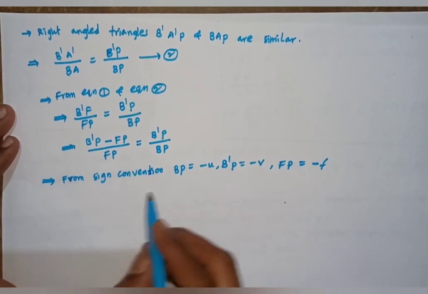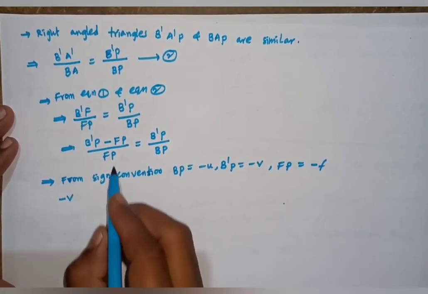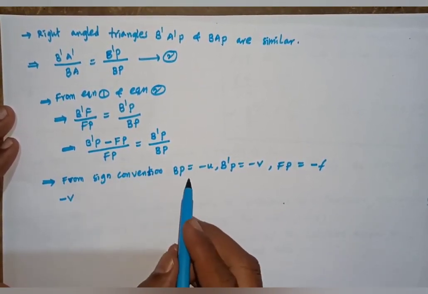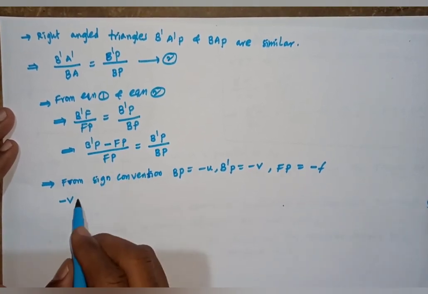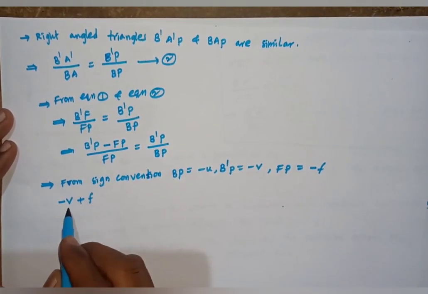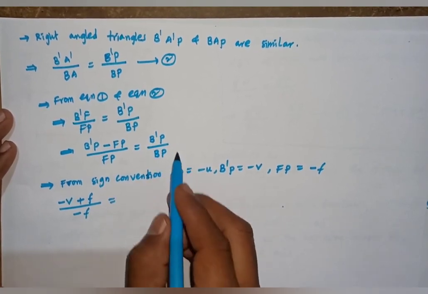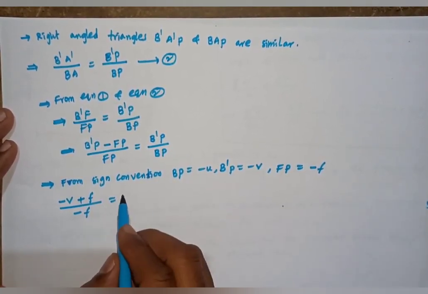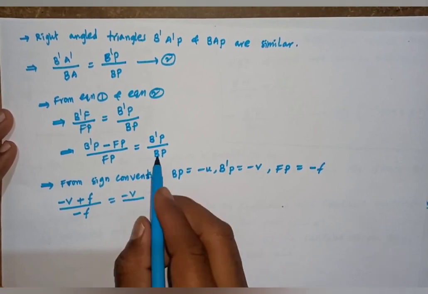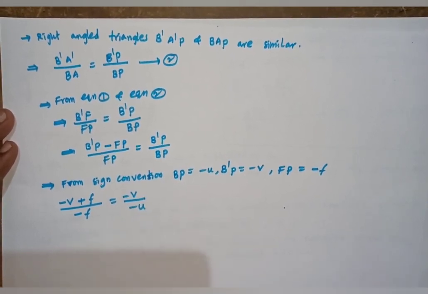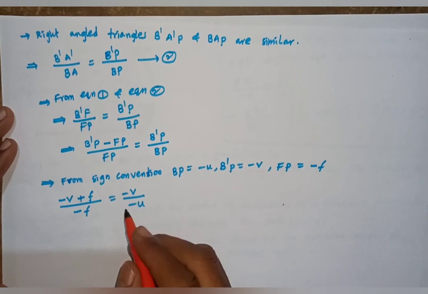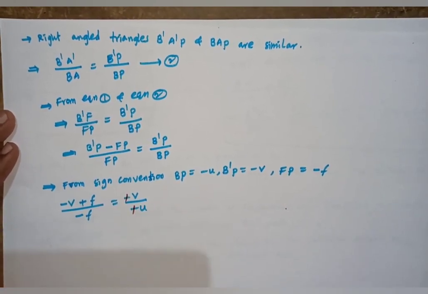B'P equals minus v, FP equals minus f, so minus into minus, plus f divided by minus f equals B'P equals minus v divided by BP equals minus u. So here minus minus gets cancelled.